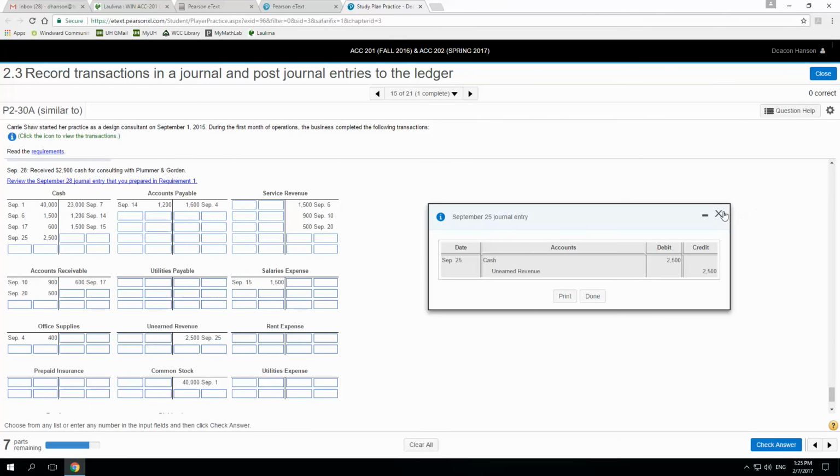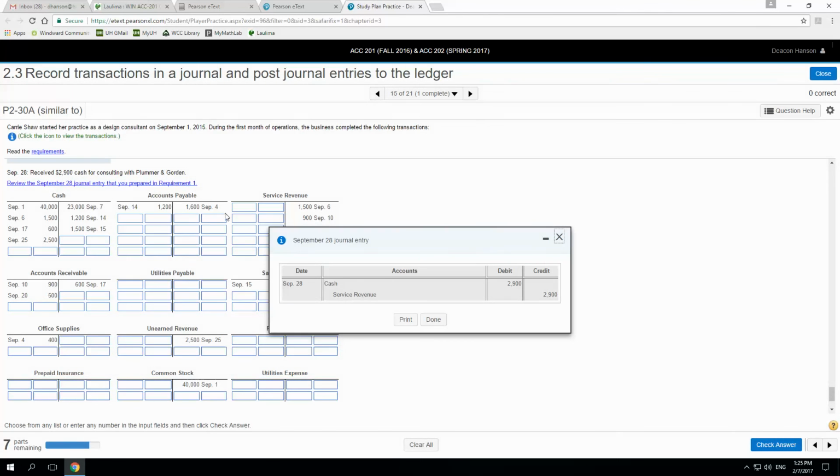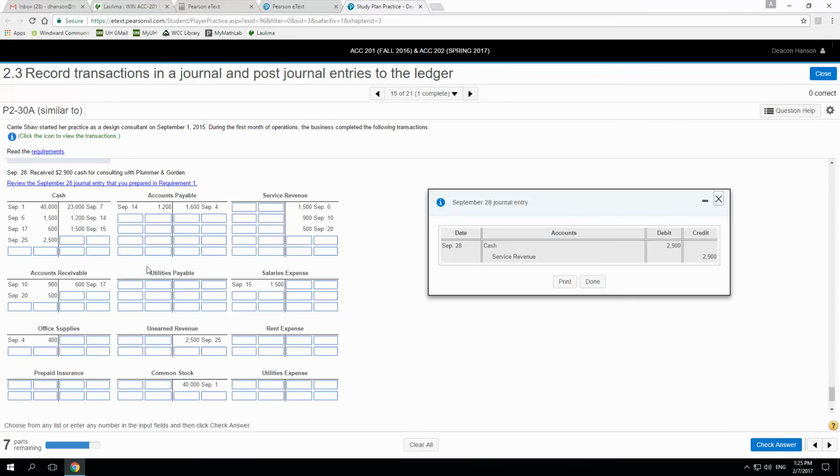Okay. September 28th, and slow me down if I'm going too fast. I have a debit to cash of 2,900, September 28th, and a credit to service revenue of 2,900.